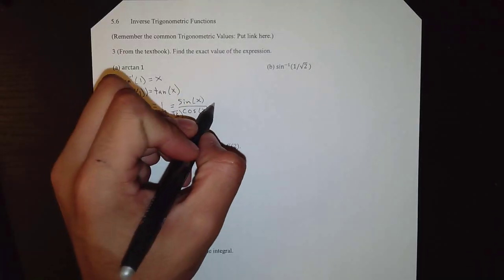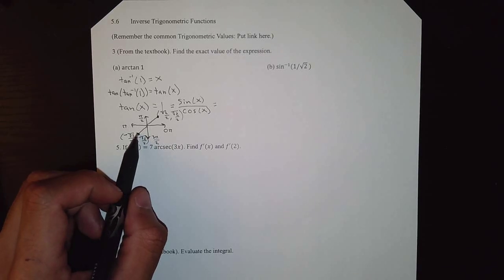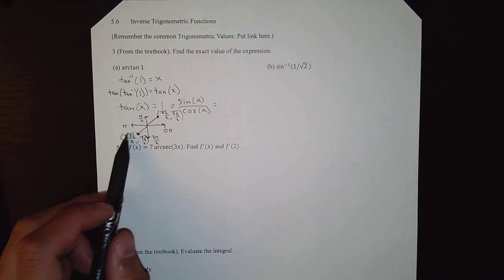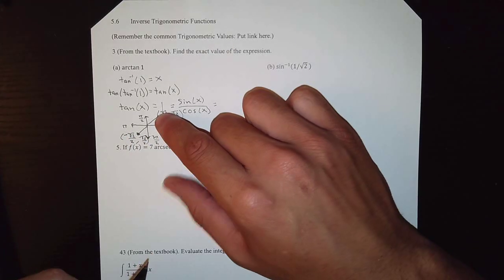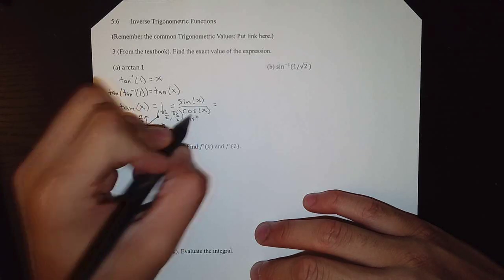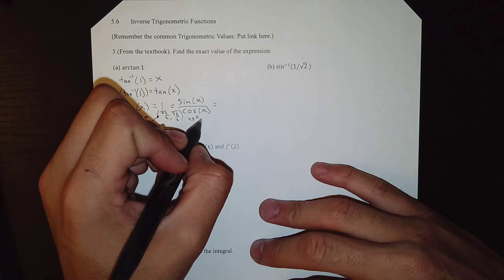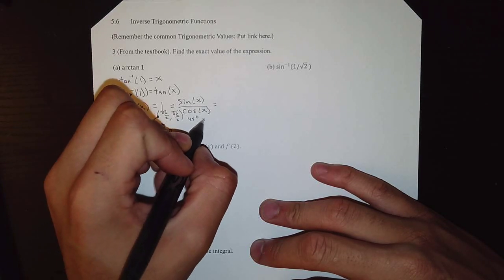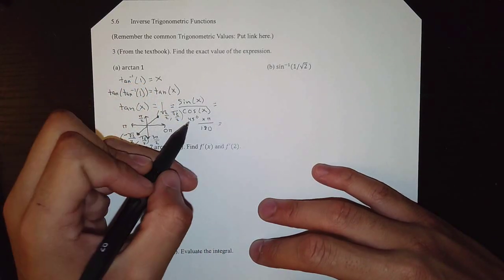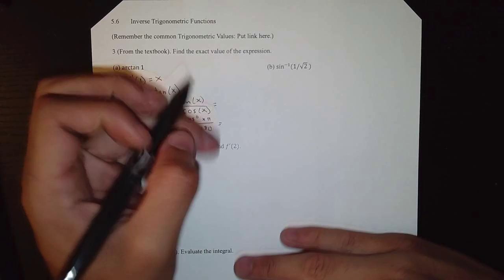And so our answers would be this angle. We want to figure out the angle. The answer wouldn't be this quantity. So this angle right here is technically 45 degrees, but if we wanted it in radians, we could say that this is 45 times pi divided by 180. We can say that this is pi divided by 4.